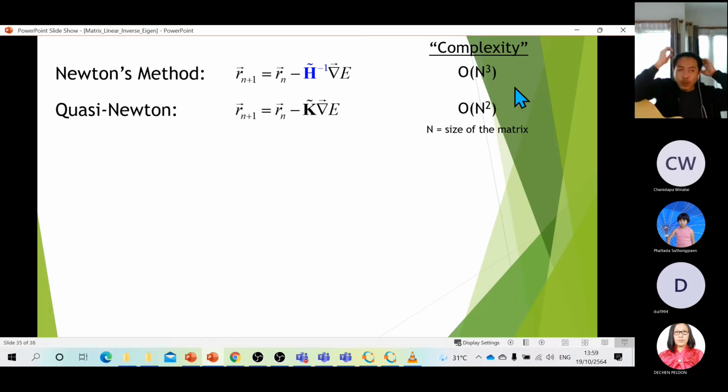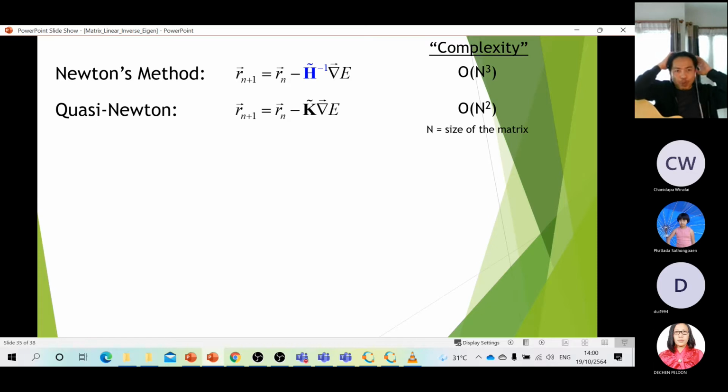N cubed, what does n cubed mean? Let's ask, I imagine that I asked Patrada this problem last week. Let's ask her again, see if you remember.